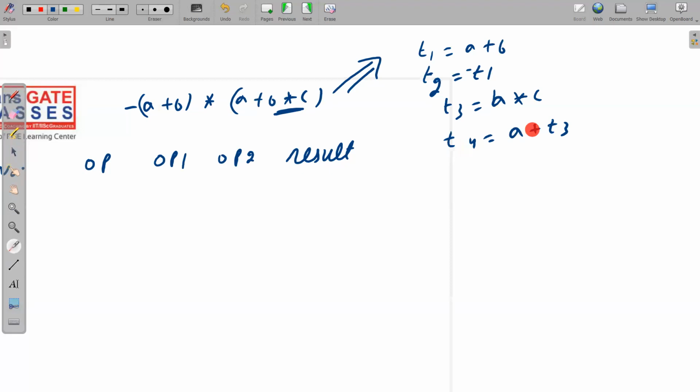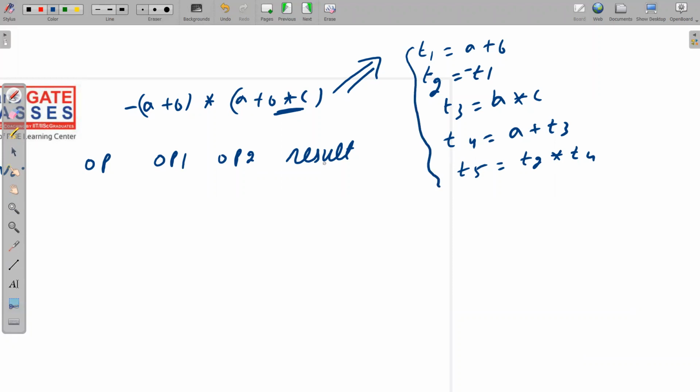Okay, and then finally T2 has got this minus A plus B. T4 has got this entire thing, and we want to multiply them. So I will say T5 is equal to T2 multiplied by T4. That's it. So this is the 3 address code which we have done.